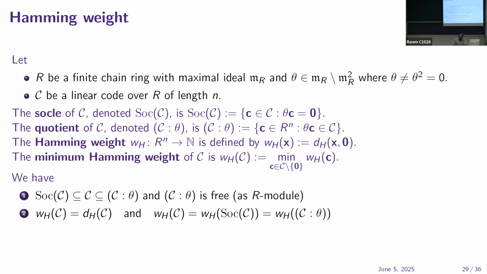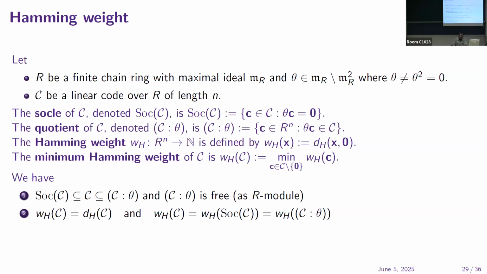From the linear code C, we can construct the residue of this code and the torsion of this code. The residue of this code is the set of all elements of this code verifying theta c equals 0.